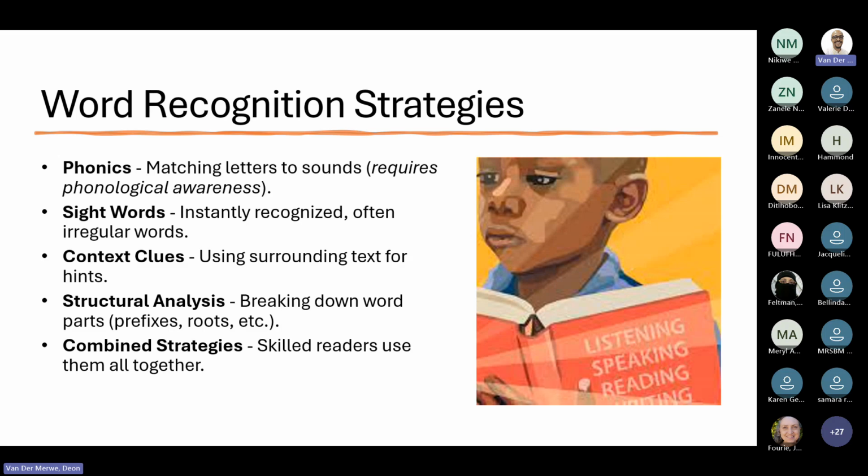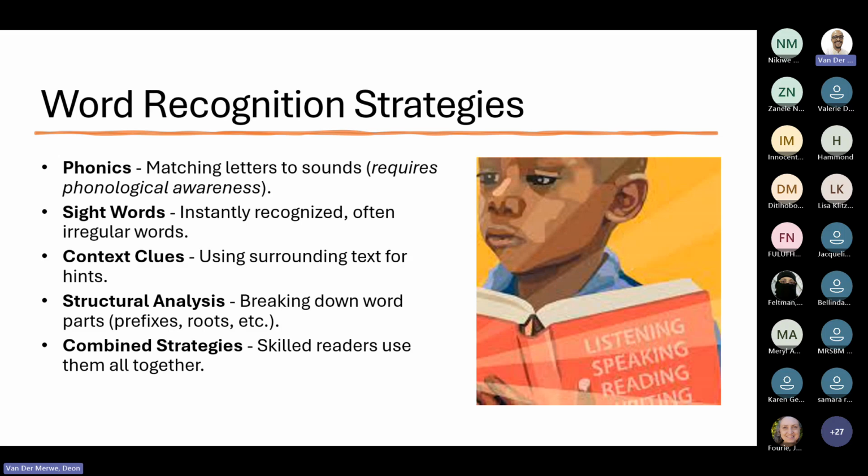Now, in terms of the recognition strategies, firstly, in terms of phonics, learners learn to match sounds to letters. And this is often called breaking the code, as I've previously mentioned. And to do this, they must first understand that words can be broken into smaller sound units, a skill called phonological awareness.